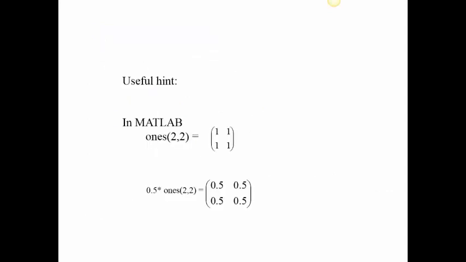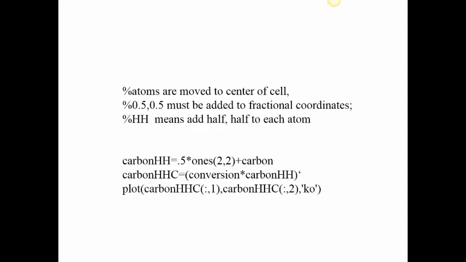And now we're going to translate them into the center. This is a little hint which I've actually applied. You don't really have to use this. All the atoms are moved to the center of the cell by adding a half to each of the fractional coordinates. And here's the program that I've written for you.